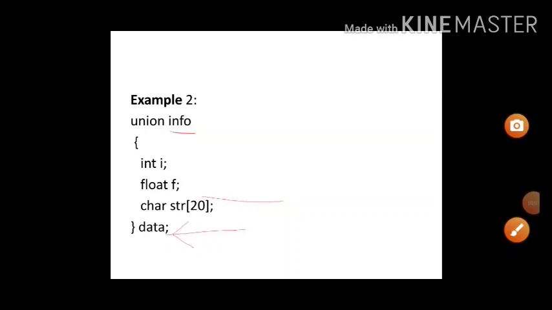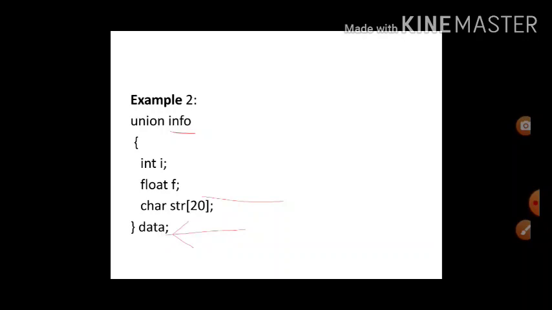Now a variable of type info can store an integer, a floating point number, or a string of characters. It means a single variable, that is the same memory location, can be used to store multiple types of data.